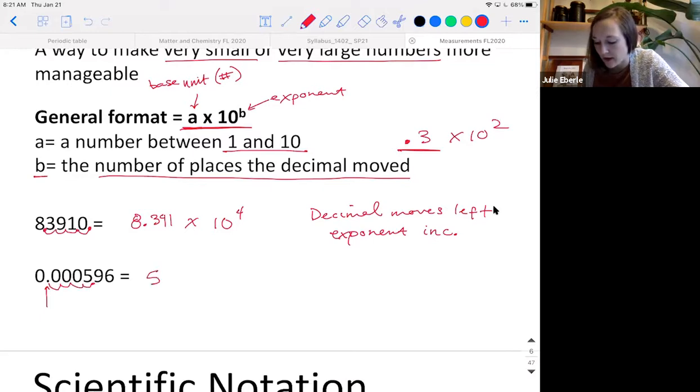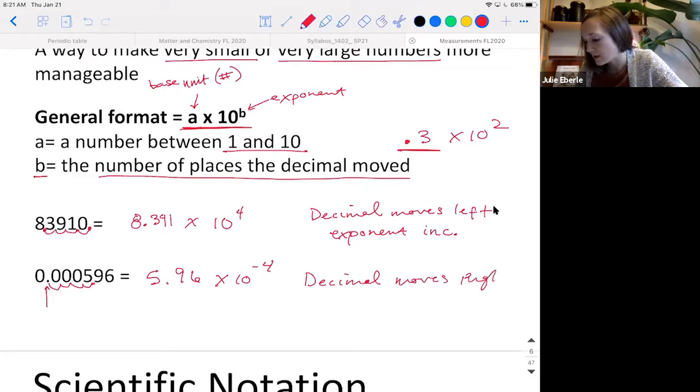So now I have 5.96 times 10, and this time my exponent is going to be negative, to the -4, because the rule is if the decimal moves right, the exponent decreases. Okay, questions so far?